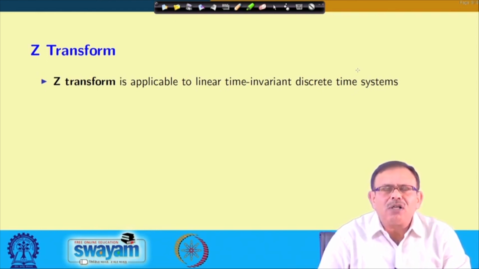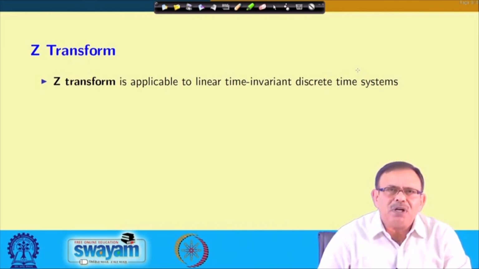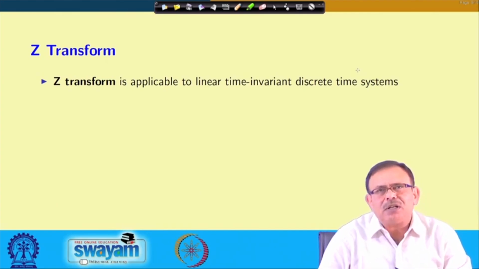In earlier cases, we have taken only continuous values, but a parameter or a variable can take only discrete values. Therefore, this Z transform can be used whenever the parameter value can take only discrete values. Then we use the Z transform, and this is a linear time invariant system.